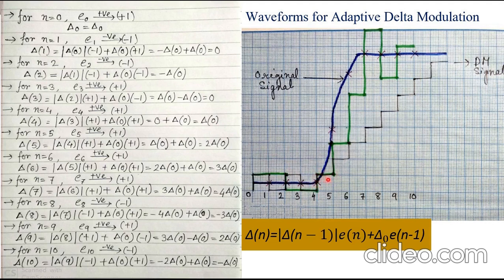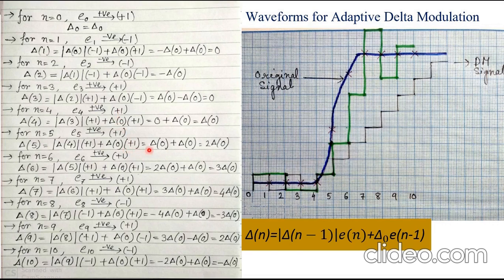Okay. Now for n equal to 5. Here message signal is greater than the staircase signal. So error E5 is positive. So it means +1. So delta 5, that is mod of delta 4 into current error, that is +1, plus delta 0 into previous error, which is also +1.